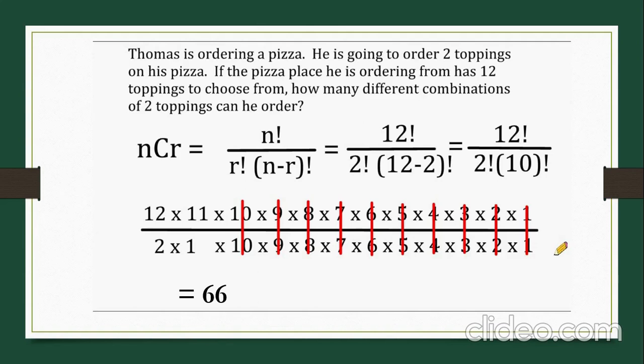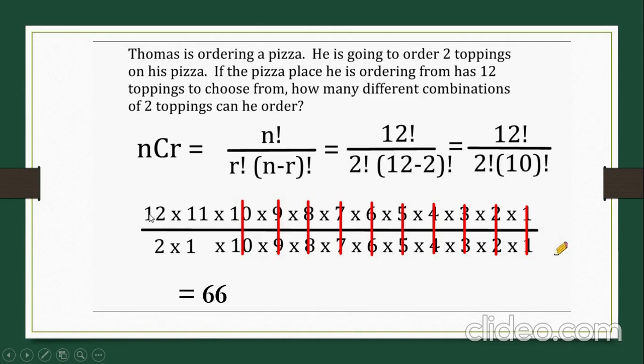So that is equal to, our n is 12, that is 12 factorial divided by our r is 2, that is 2 factorial, and our n minus r is 12 minus 2 factorial. So we have here that is equal to 12 factorial divided by 2 factorial times 10 factorial.